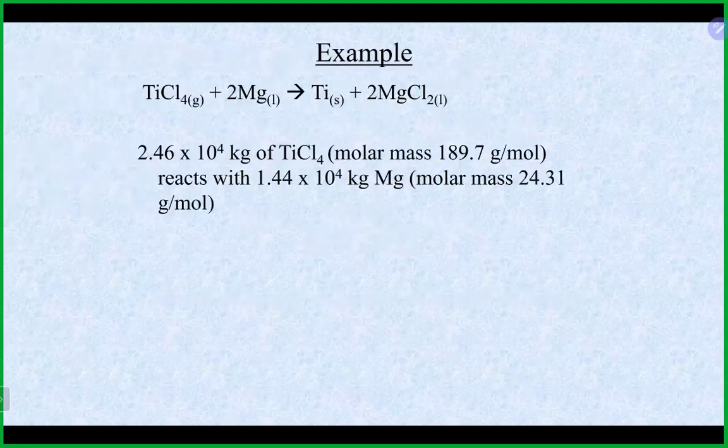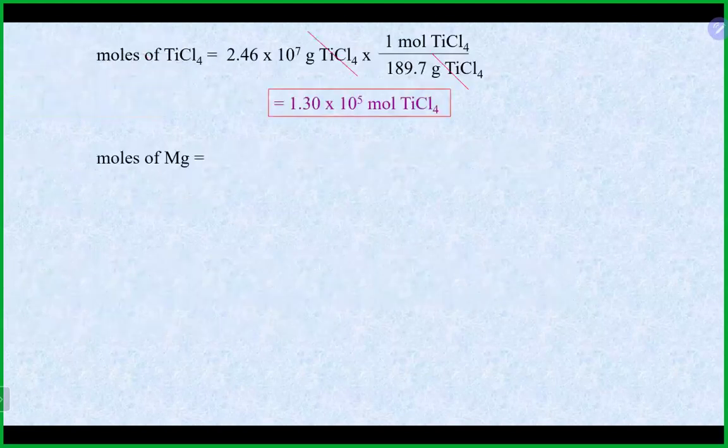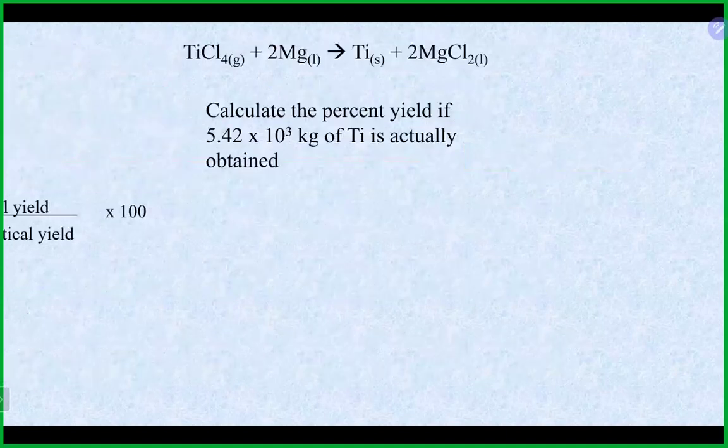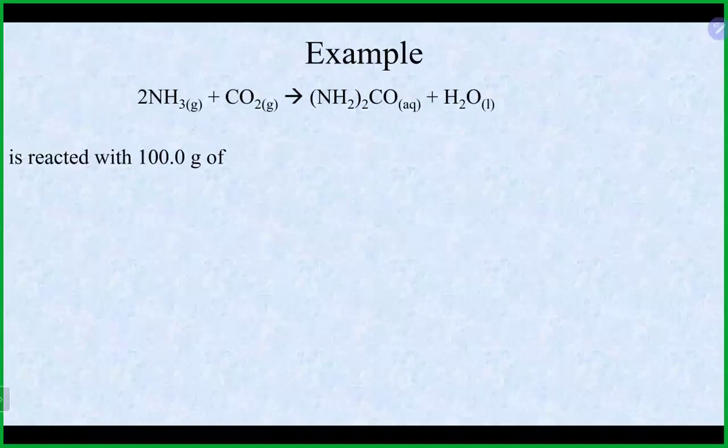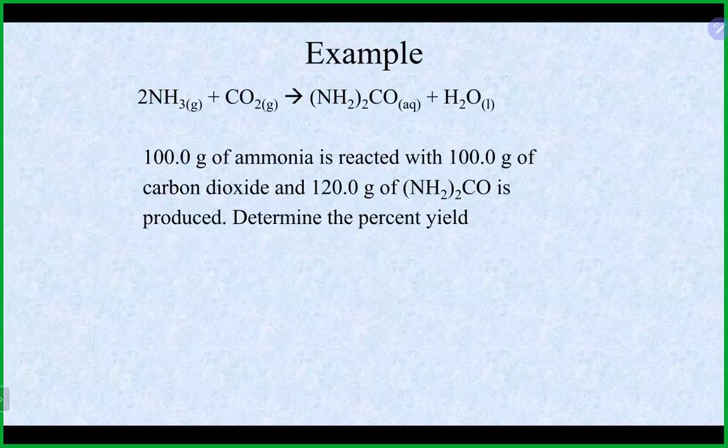All right, so let's get this one actually. Let's do this one here. All right, same reaction we just used. So you have the molar masses and everything with you from the previous problem.